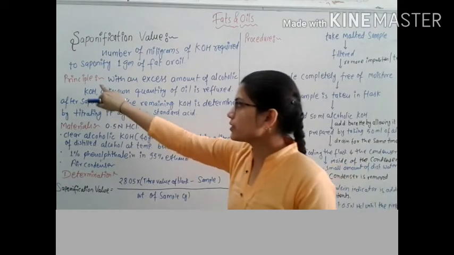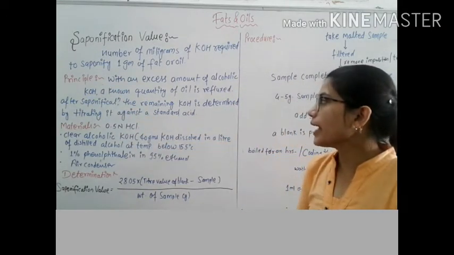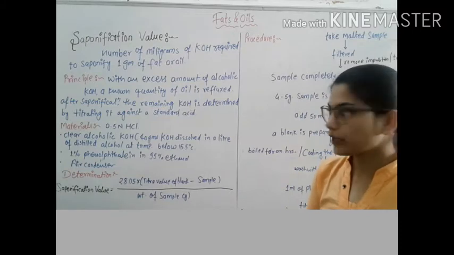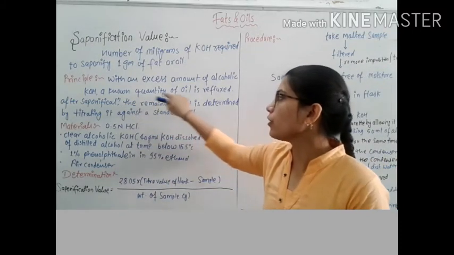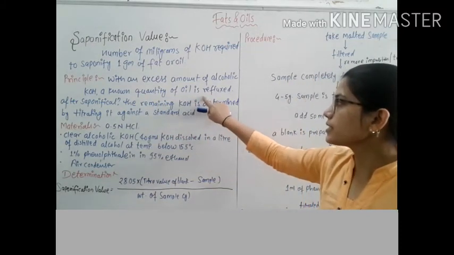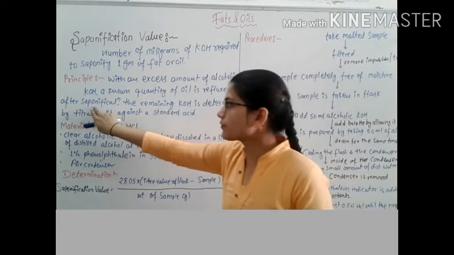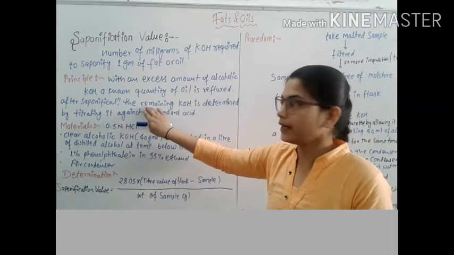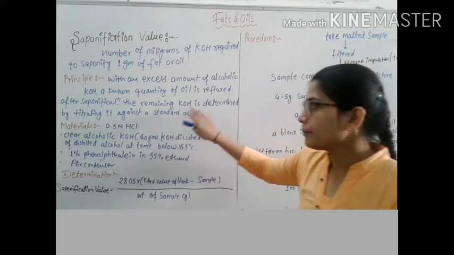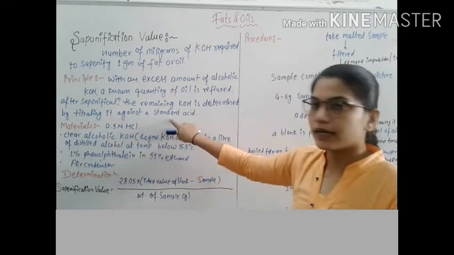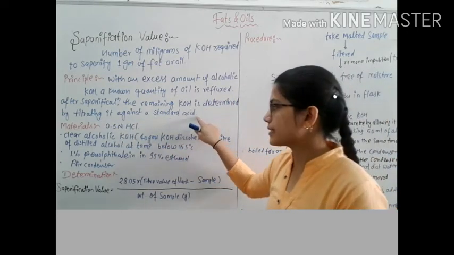The next point is principle. A known quantity of oil is refluxed with an excess amount of alcoholic KOH for saponification. The remaining KOH is determined by titrating it against a standard acid.